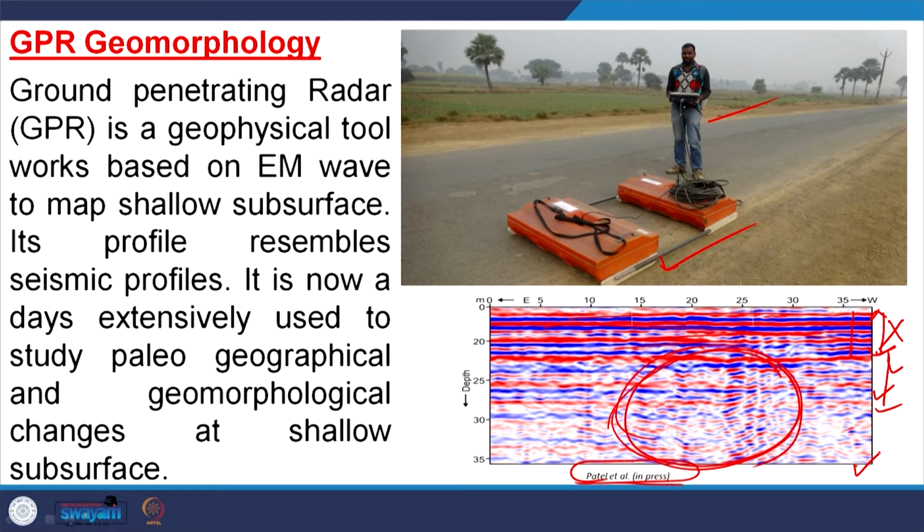So, at a shallow level, very recent geomorphic processes can be retrieved through the GPR profile, and at the deeper level, in kilometers depth, what geomorphic processes were there can be retrieved from the seismic profile.